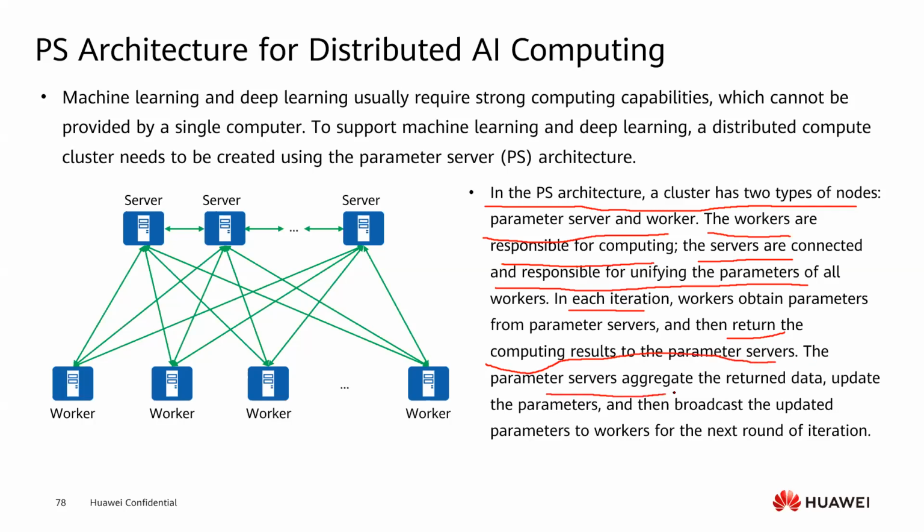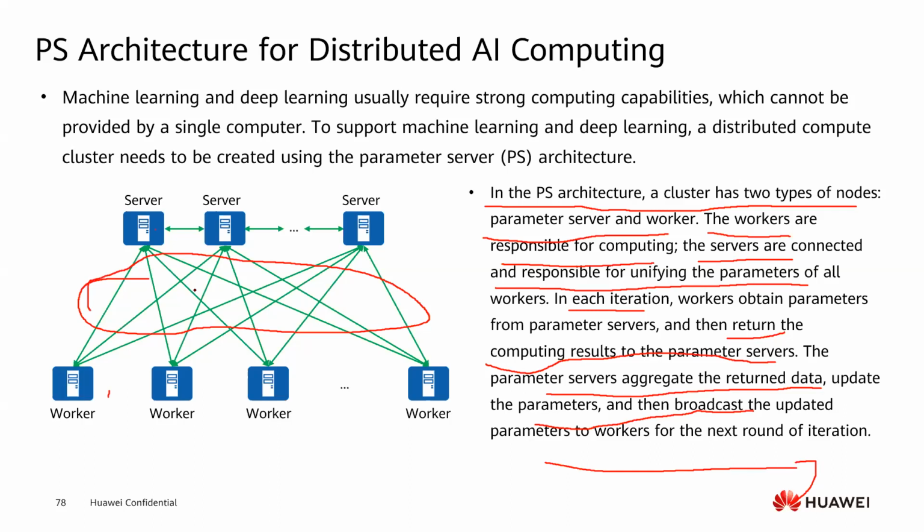The parameter server aggregates the returned data, updates the parameters, and then broadcasts the updated parameters to workers for the next round. So the network between server and worker must be a lossless network. That is most important. You just need to know where the lossless network is implemented. In the HPC scenario, it's implemented between PS server and PS worker.